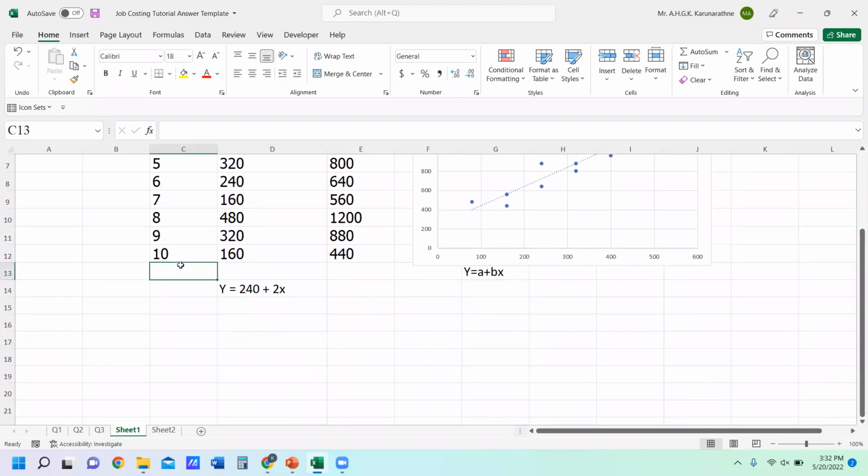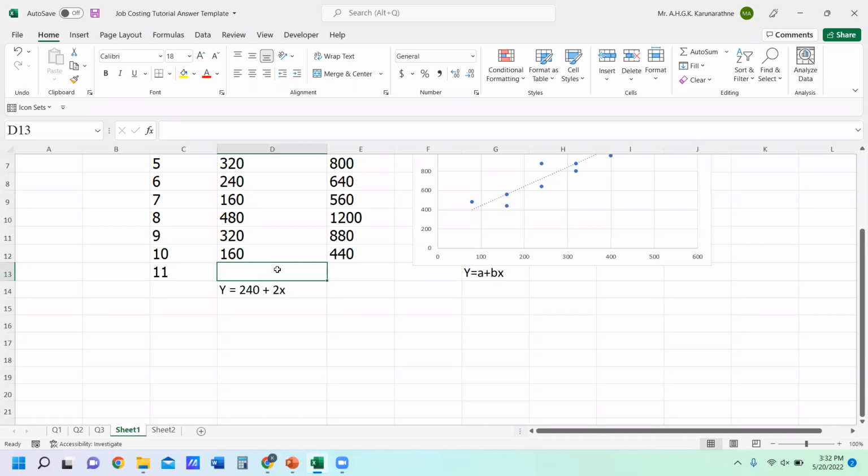Let's say we are planning our production for the next period. Let's say the 11th month, or 11th year, or 11th week, or 11th quarter. Whatever, here the information is given on a monthly basis. So let's say we want to estimate our 11th month, 11th period cost.